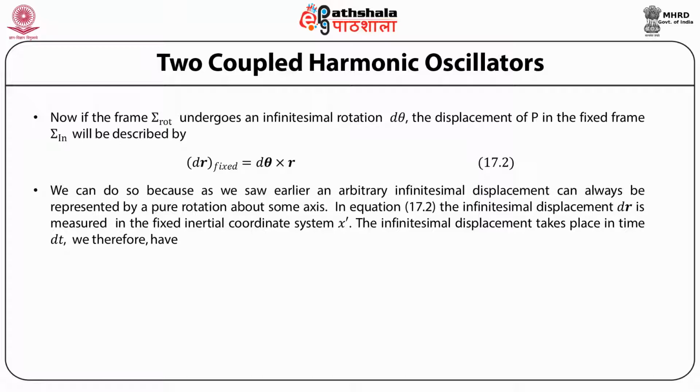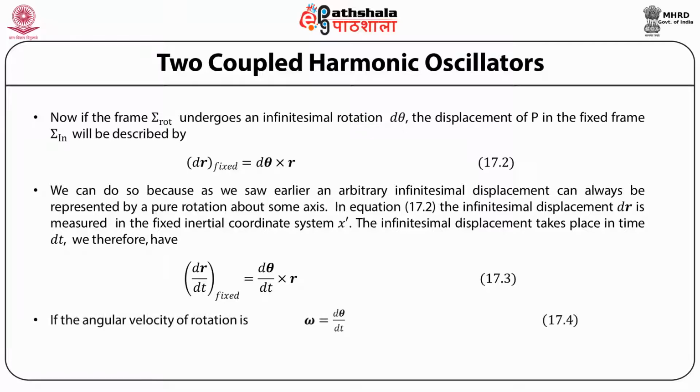In this equation, the infinitesimal displacement dr is measured in the fixed inertial coordinate system x prime. The infinitesimal displacement takes place in time dt. Therefore, dr by dt in the fixed frame is equal to d theta by dt cross r. If the angular velocity of the rotation is omega, which is equal to d theta by dt, then we have dr by dt, that is the velocity in the fixed frame, is equal to omega cross r.